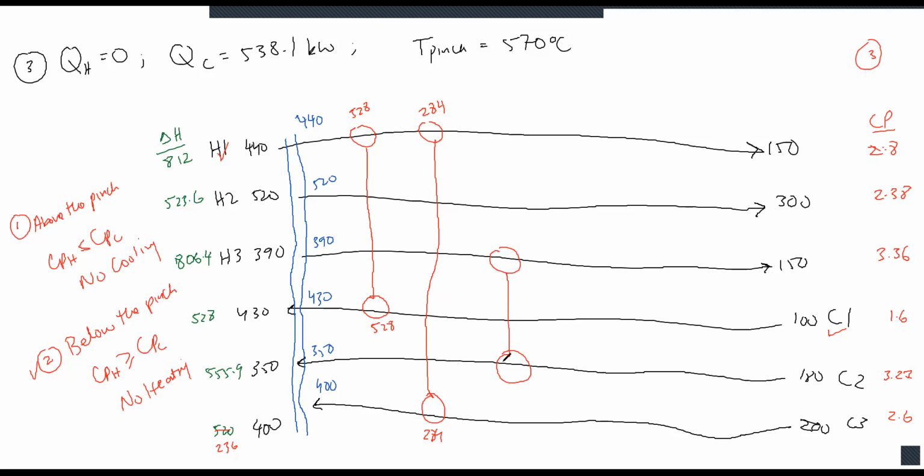C2 requires 555.9. So I'm going to give it all the energy it needs, 555.9. So C2 is done. And I still have some energy left in H3. Let's see how much energy is left. It will be 806.4 minus 555.9. So I have about 250.5 left in H3.